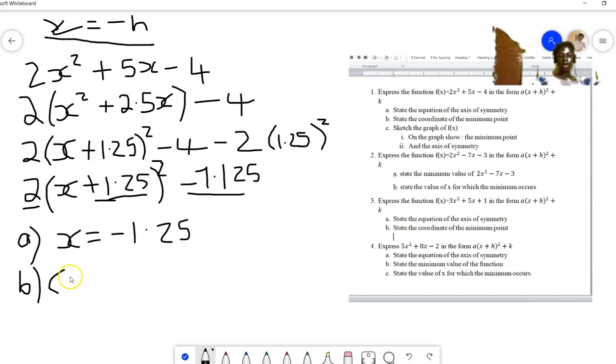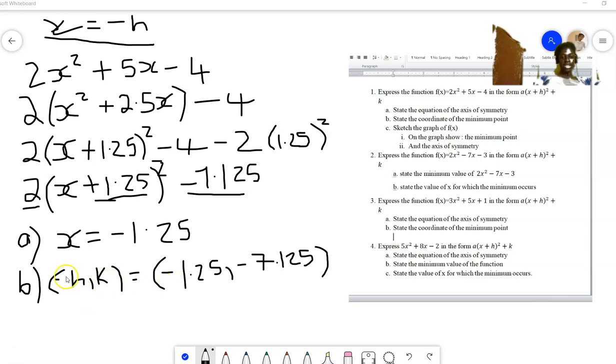And we said the turning point was negative h, which means that the coordinate for our turning point is negative h, and negative h is negative 1.25, comma, k, and k is negative 7.125. Alright, so negative h, k is negative 1.25, negative 7.125.